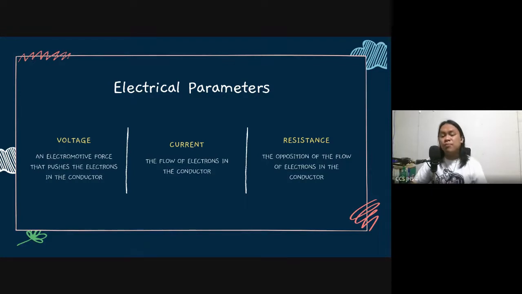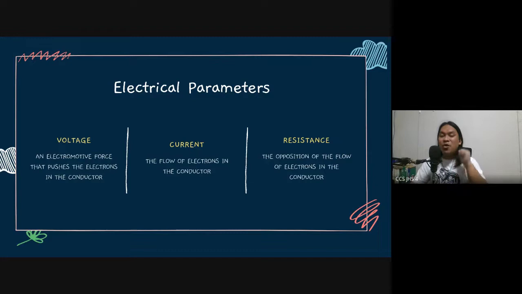The gadgets that we plug into the circuit, like the TV and laptops, can be considered as resistance. Though they do not stop the flow of electrons, somehow they slow it down, because the gadgets consume the current. So instead of going from the positive pole of the source to the conductor, then straight back to the negative pole of our source of current, there is a stopover, a small interruption. So that is what we call resistance.